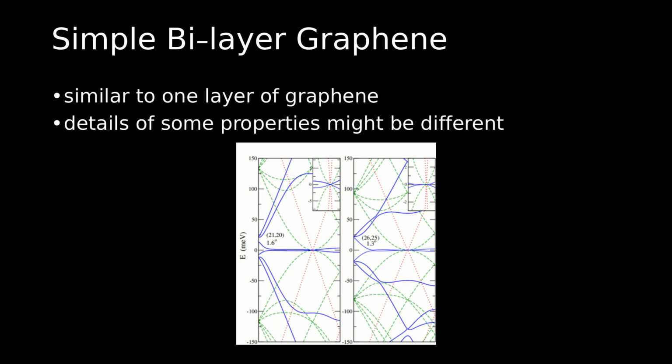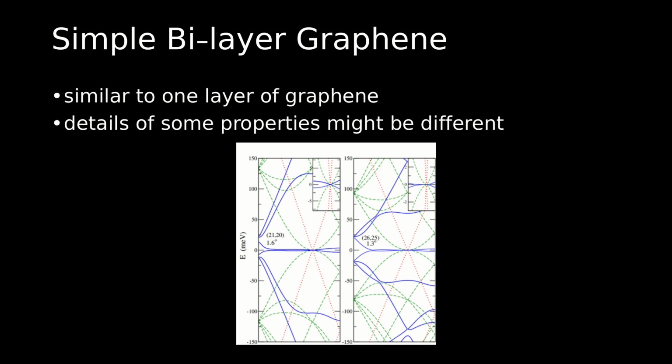On the x-axis is the wave number K, and the y-axis is the energy level for the electrons. Ignore the blue curves for now, and focus on the red dotted lines and green dashed lines.